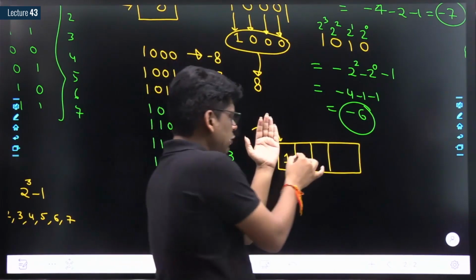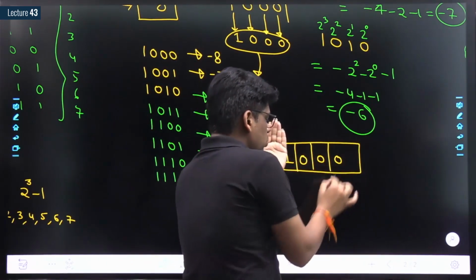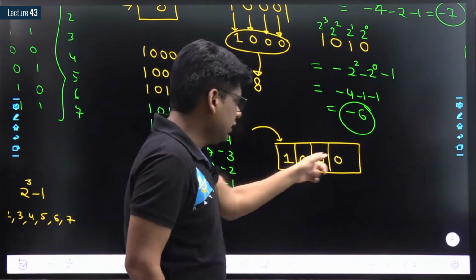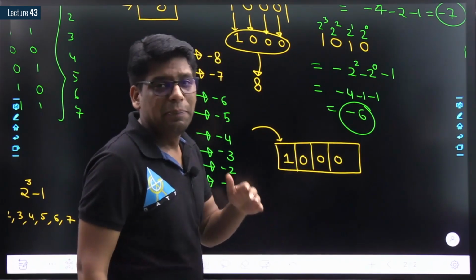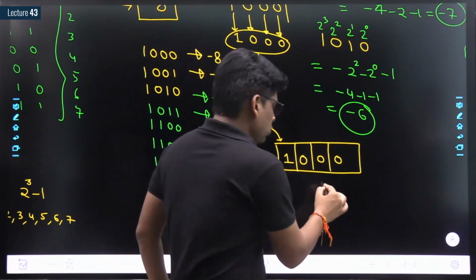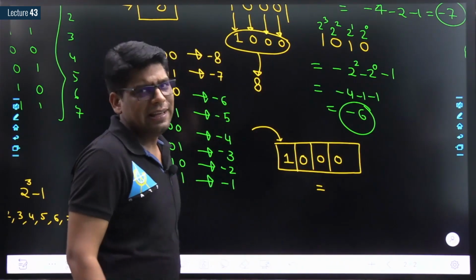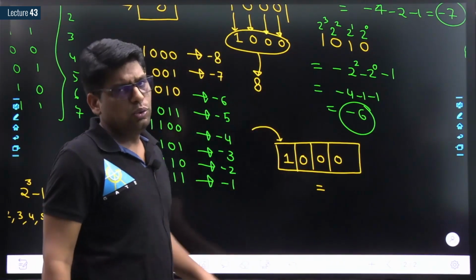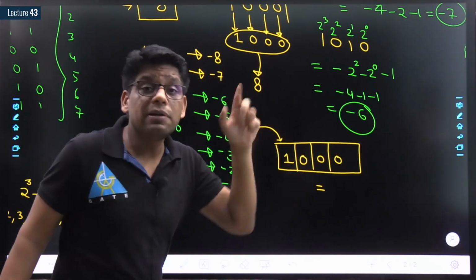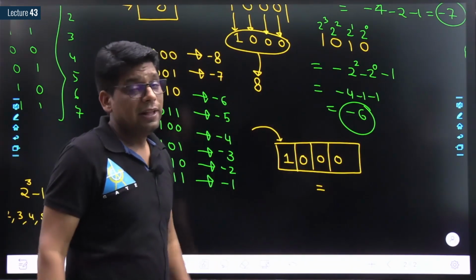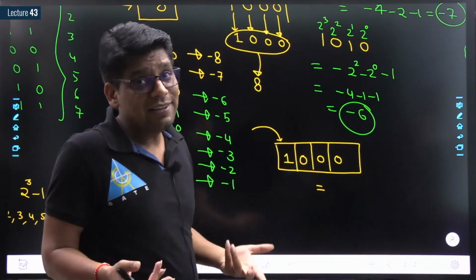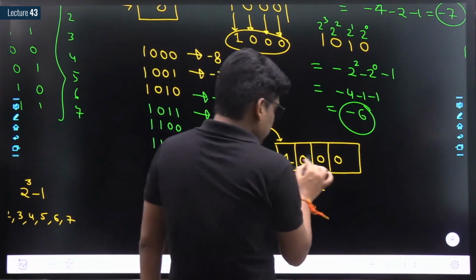So what is the minimum value? When all the bits are 0, see, this is the sign bit. When all the bits are 0, we get the minimum value in negative. What is the value? You can easily compute. Sir, because it is 1, you know that it is represented in 2's complement form. Sir, can we have a direct formula? Yes, you know.